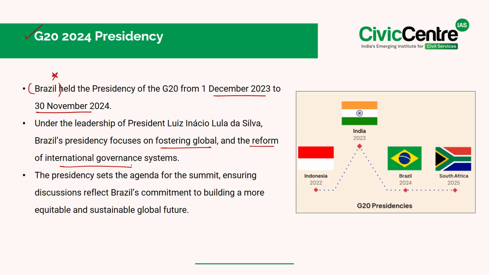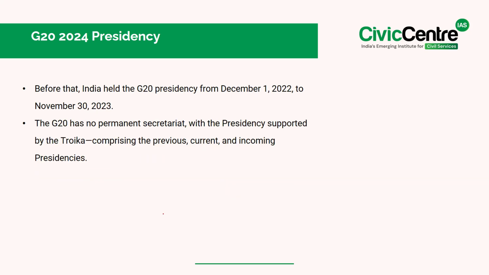Moreover, the presidency sets the agenda for the summit, ensuring discussions reflect Brazil's commitment to building a more equitable and sustainable global future. But before that, India held the G20 presidency from December 1st of 2022 to November 30th of 2023. Notably, the G20 has no permanent secretariat, with the presidency supported by the Troika comprising the previous, current and the incoming presidencies.